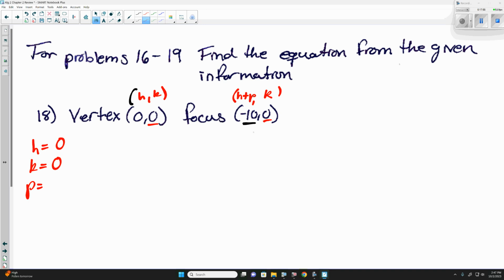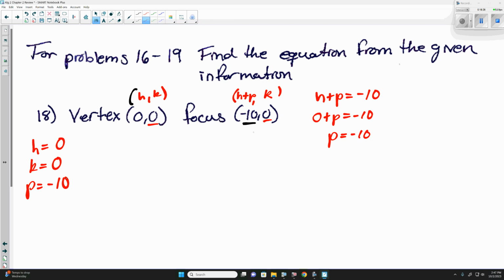Now to find the value of p, we would end up setting h plus p equal to negative 10. What's the value of h? So 0 plus p is negative 10. Really, we're saying p is negative 10. Questions on how we found h, k, or p? Now the general form for this here, would it be x equals or y equals?